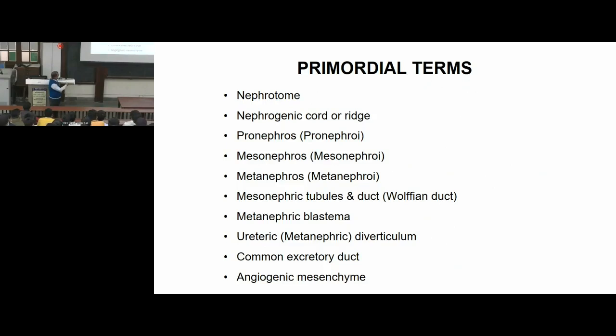Then there is a term called metanephric blastema. Then there is the ureteric diverticulum or ureteric bud. There is the common excretory duct and angiogenic mesenchyme. So all these primordial terms should feature when you write an answer on development of kidneys. How? We'll learn in the next few slides.